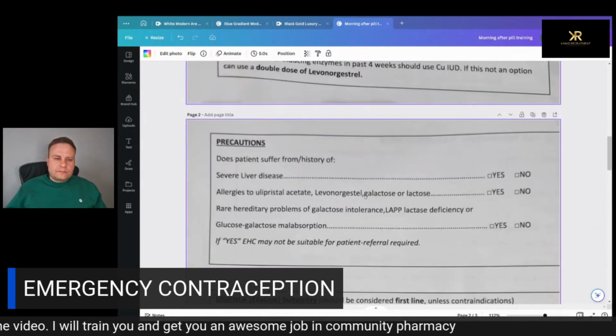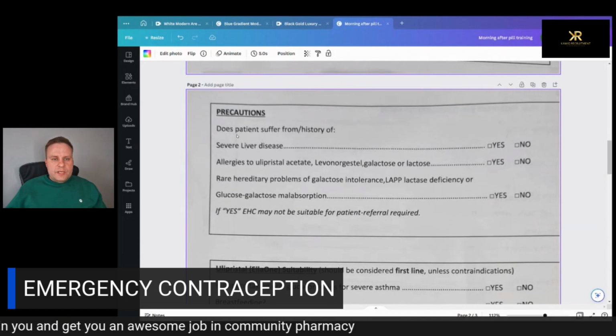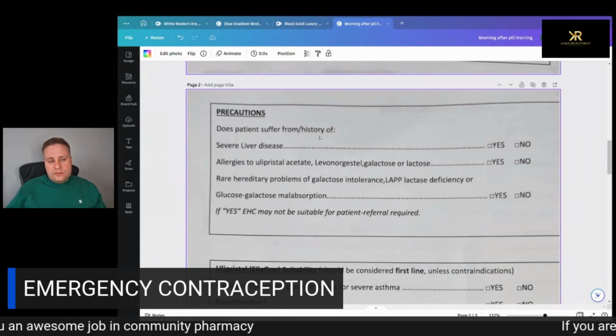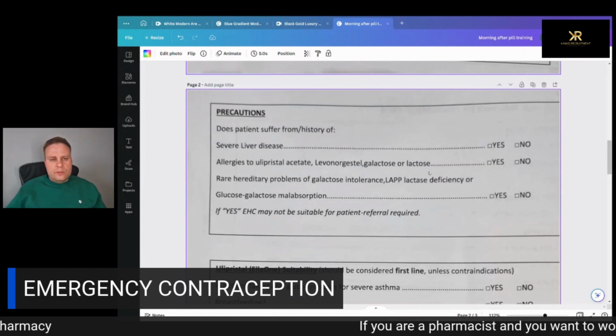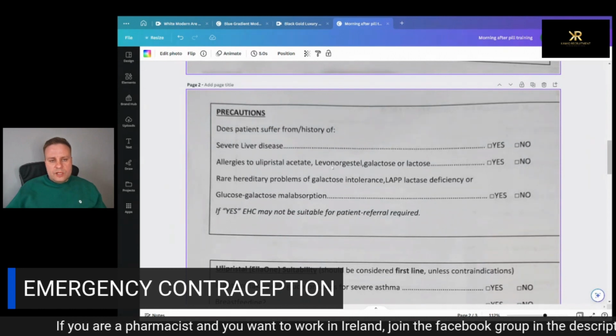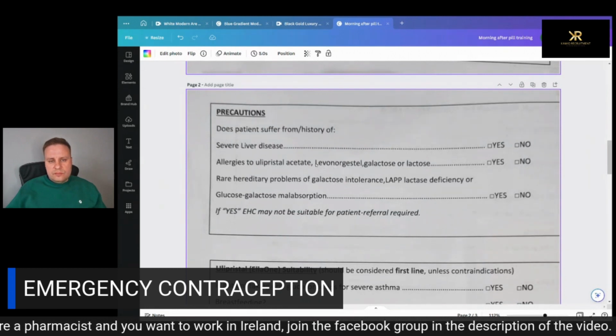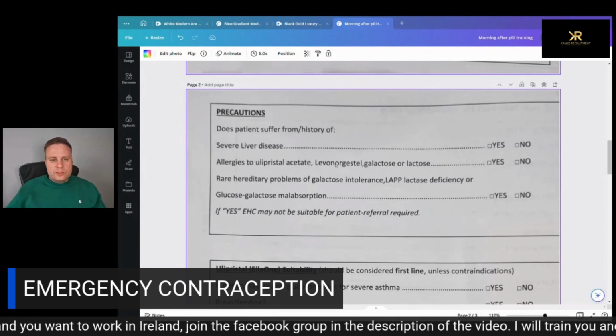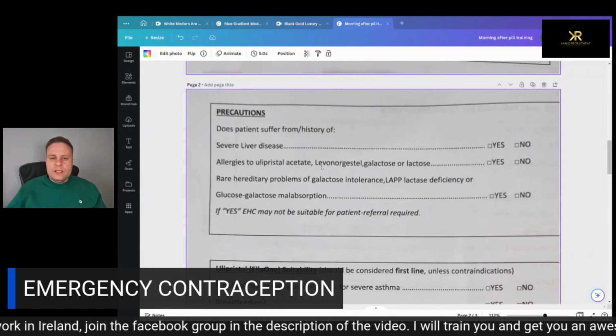Precautions. Does the patient suffer from history of, and now, severe liver disease? You tick yes or no. Allergies to any of the emergency hormonal contraceptions that are being used, the levonorgestrel and the ulipristal.